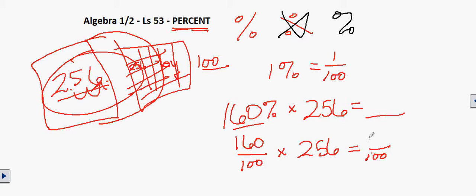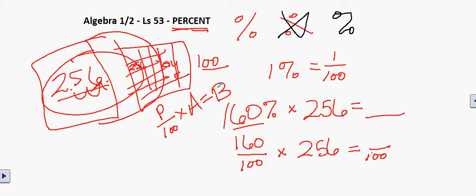And I'd have to check that on a calculator, but we'd move the decimal over 2 spots to the left, and it would tell us. So kind of like decimal of a number was d times a equals b, percent of a number is p over 100 times a equals b.